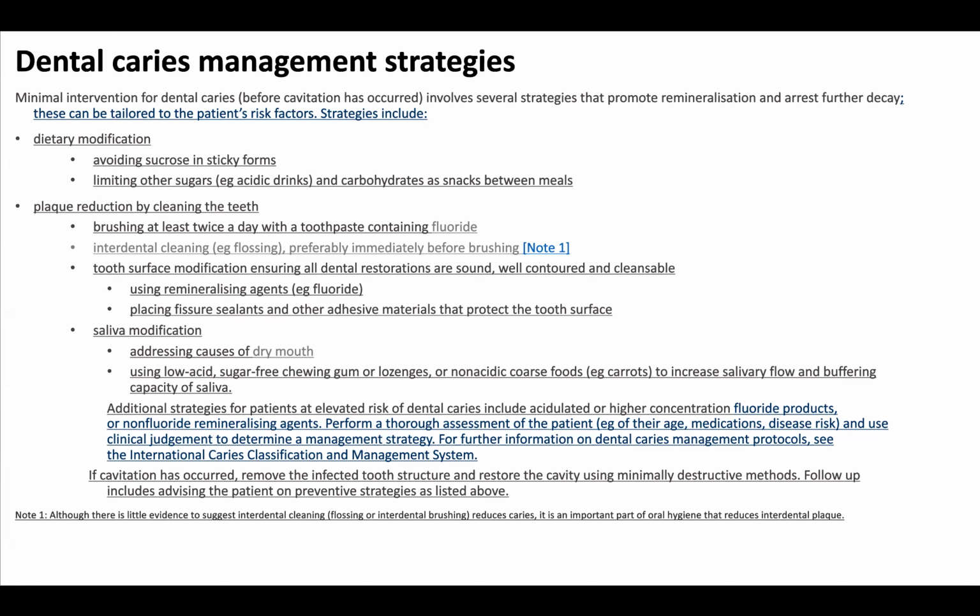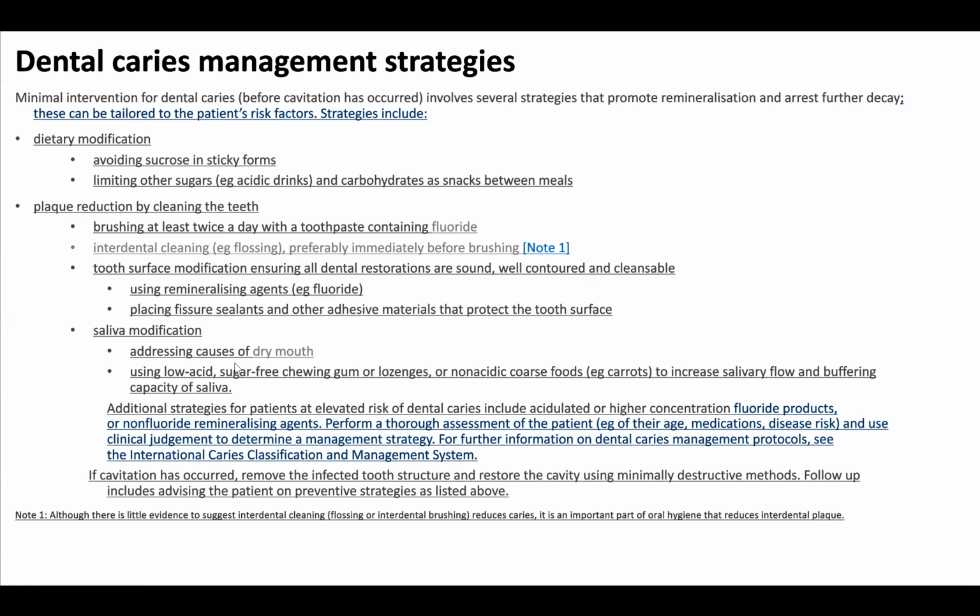All you can do is educate the patient. You can't force them to change their ideology. Interdental cleaning, flossing once a day, surface modification, using remineralizing agents, fissure sealants, and fillings, of course, if needed.